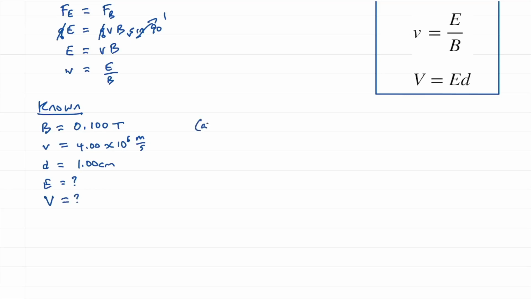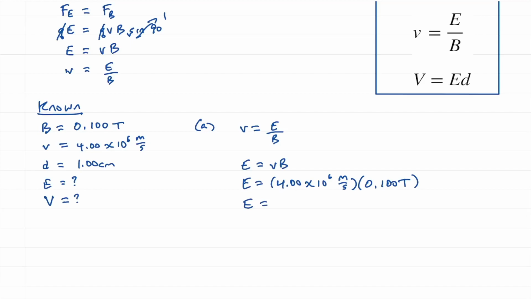Okay, so for part A, we can use v is E divided by B. We want E, so multiply both sides by B, and we get E is velocity times magnetic field. Okay, so the velocity is the 4.00 times 10 to the 6 meters per second times the 0.100 Teslas.